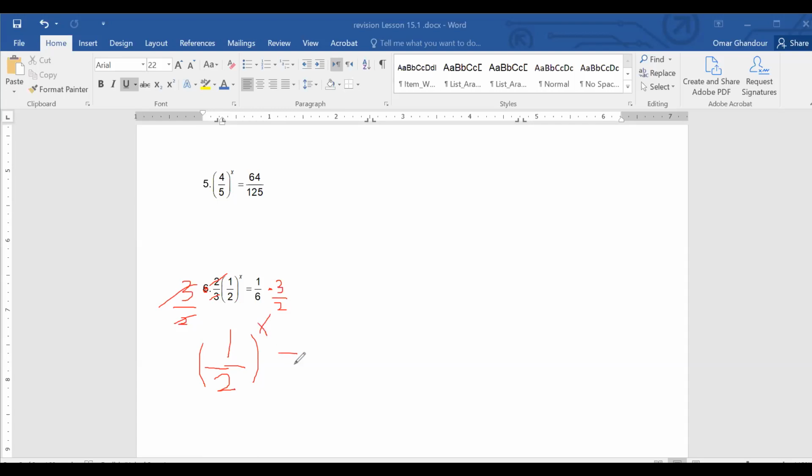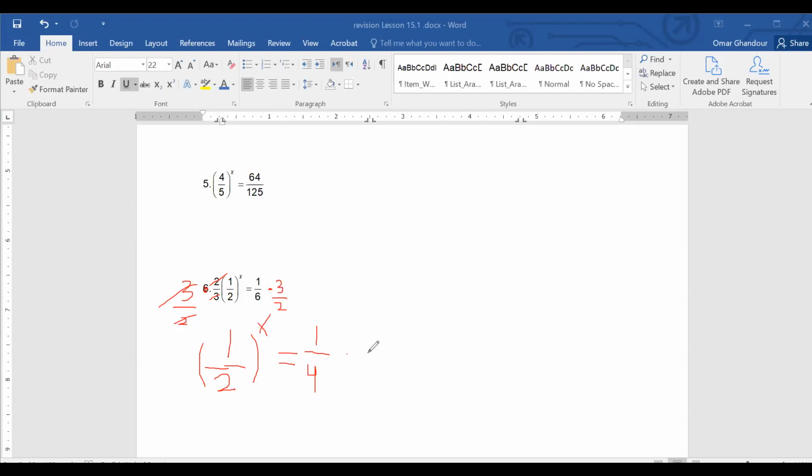is equal to, let's see, what will be the answer here? I think 3 will go with the 6. So I think it's going to be 1 over 4. Yes, the answer is going to be 1 over 4. And then 1 became a 1 because 1 power anything is 1. 2 became a 4. 2 power what equal 4? 2 power 2.